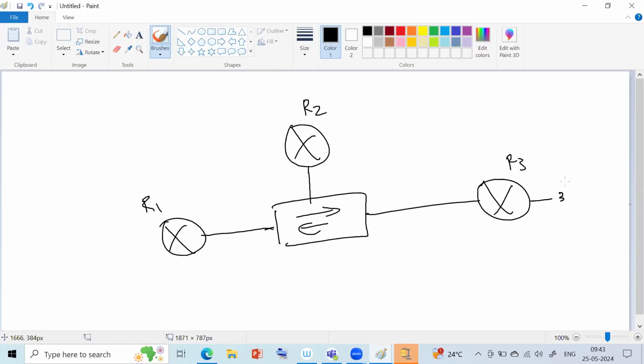Let's say this is 33, this is 22 connected, this is 11 connected. Now, I'll ask you a simple question, try to answer if it is possible. If R1 has to come to know about the R3 network, that is loopback network 33, what are the steps that we're going to take? Or any solution you guys have?